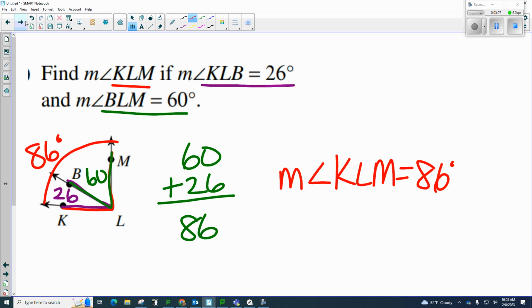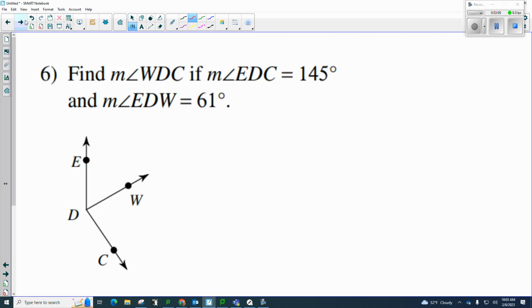Let's try one more together. Number 6 here says the measure of angle WDC. Let's start with blue this time. We're finding the measure of WDC. I don't know why it's not changing colors for me. And then we know EDC is 145.